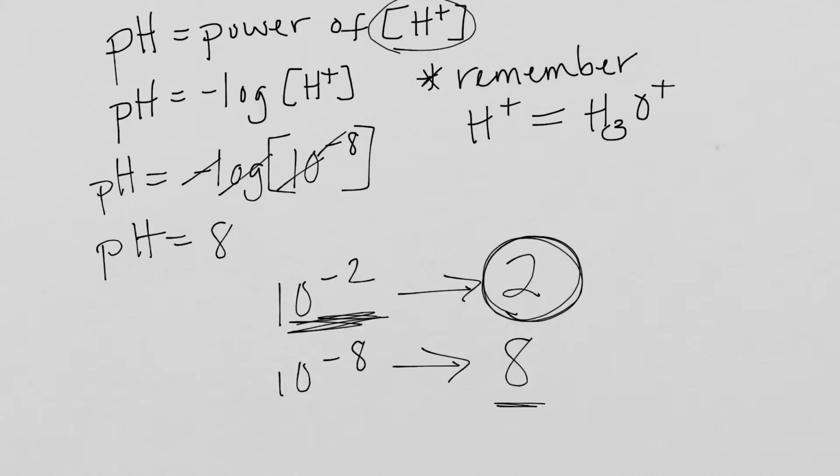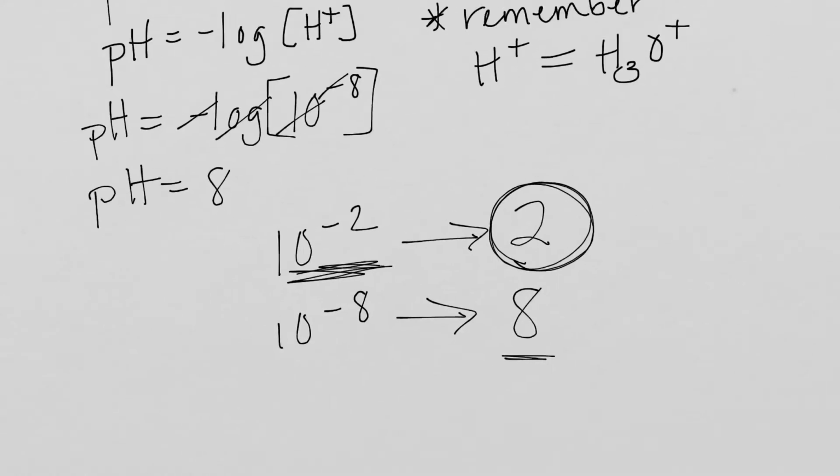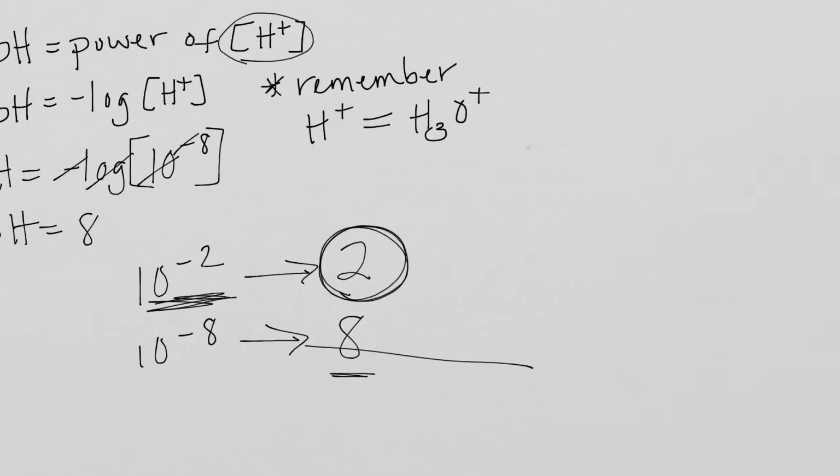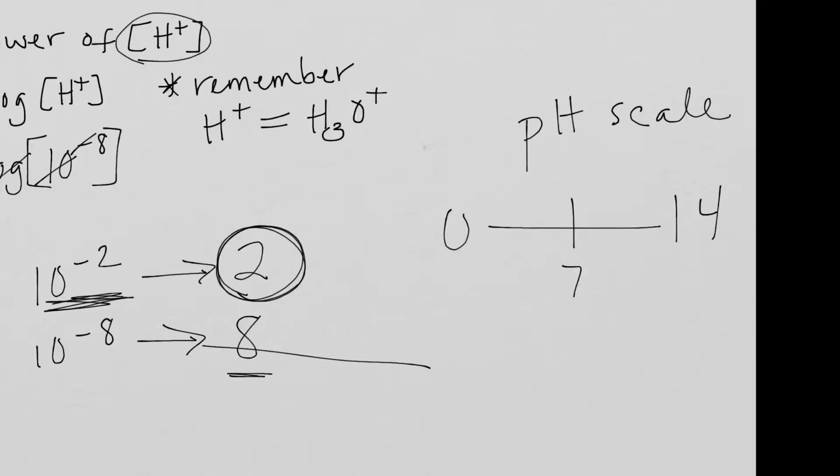And so you may have learned in the past that if you have a pH scale, it goes from 0 to 14, right? 7 is neutral, and below 7 is the acidic, and above 7 is the basic.